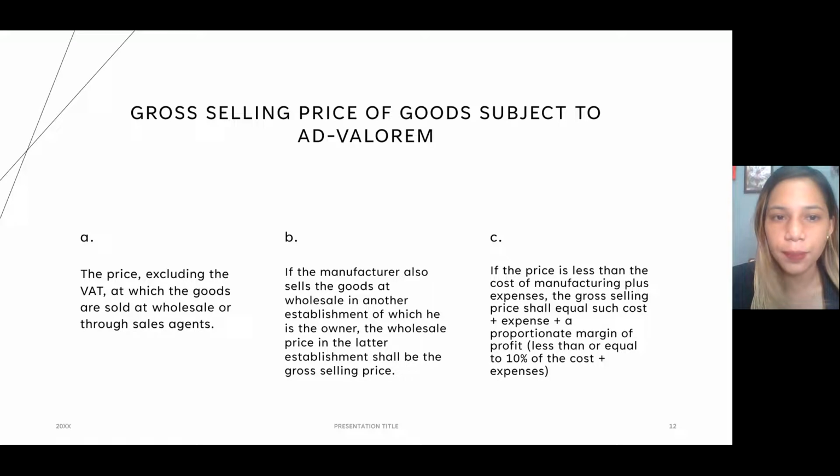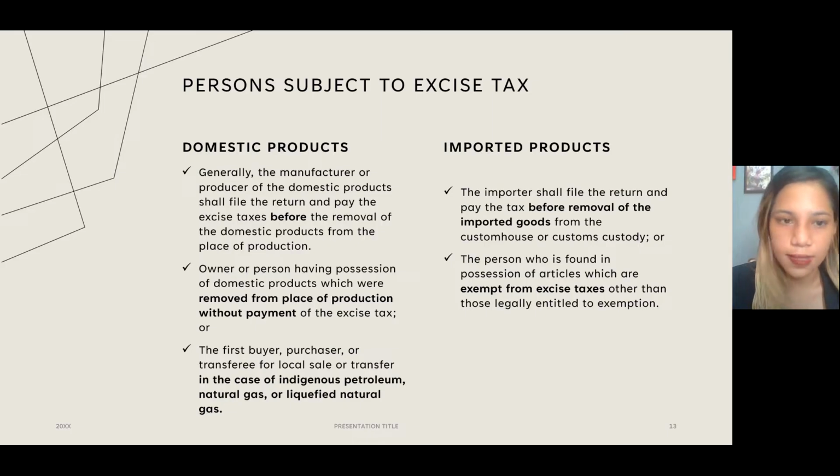Now, who are the persons subject to excise tax? Under domestic products, the manufacturer or producer of domestic products shall file the return and pay the excise tax before the removal of the domestic products from the place of production. Meaning, the domestic manufacturer shall file the return and pay before the products are removed from the place of production.